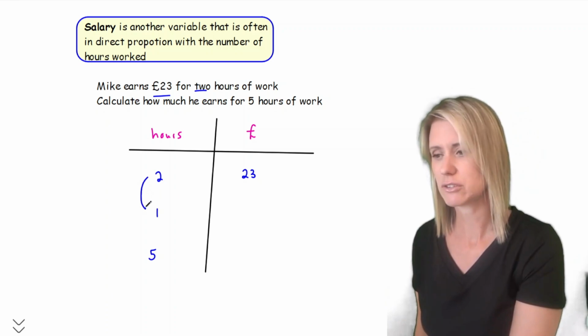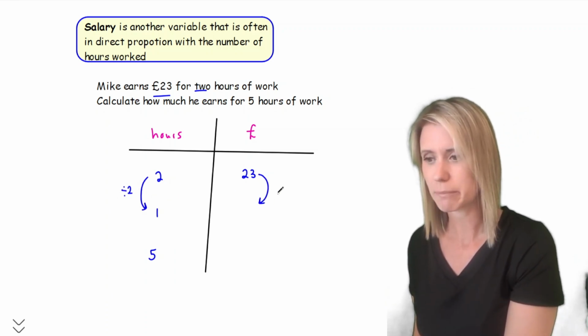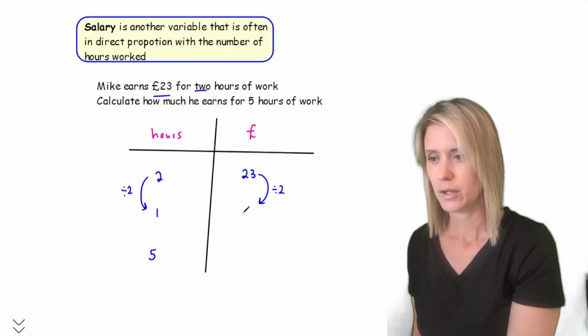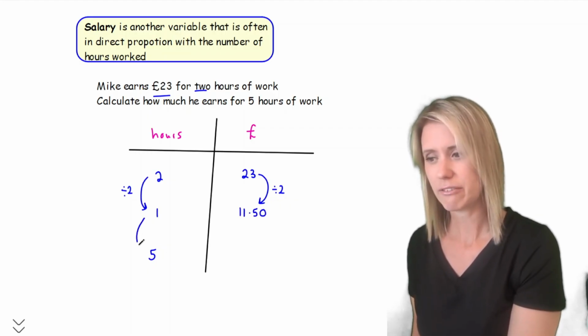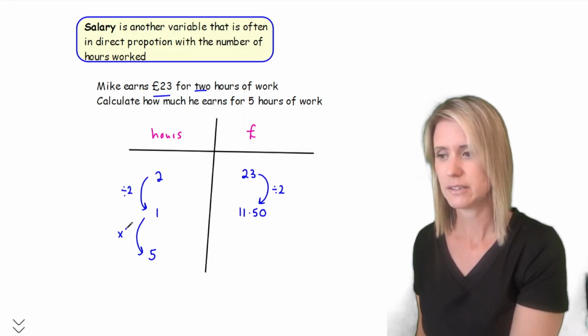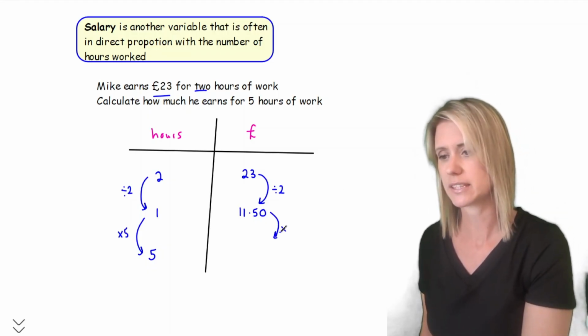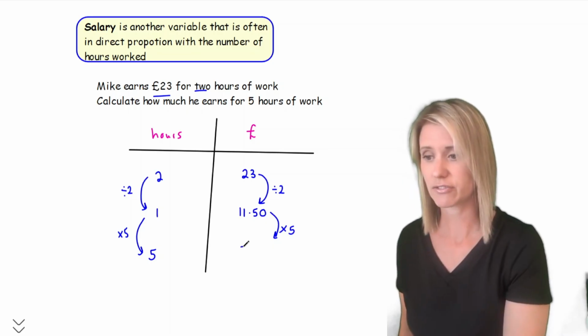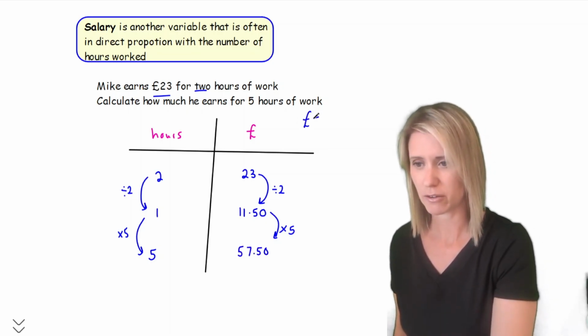So 2 down to 1, we're dividing it by 2. So we need to do the £23 divided by 2, which takes us to £11.50. So if he's then worked for 5 hours, we're going to get 5 times that amount. We're going to multiply it by 5 on both sides, giving us £57.50, and that would be your answer for that.